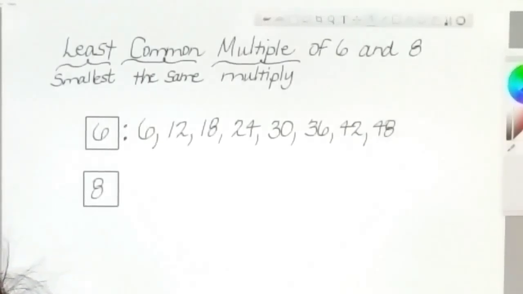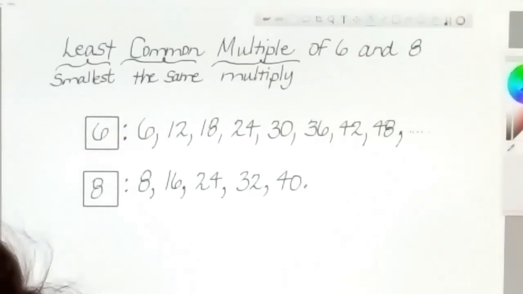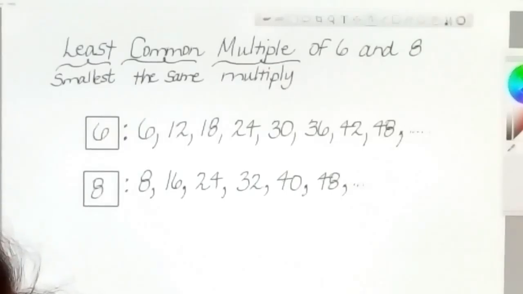I'll stop there since I know that 6 times 8 is 48. Then I'll do the same for the number 8. 8 times 1, 8 times 2, 8 times 3, 8 times 4, 8 times 5, 8 times 6. And again, 6 is my other number, so I'll stop there.